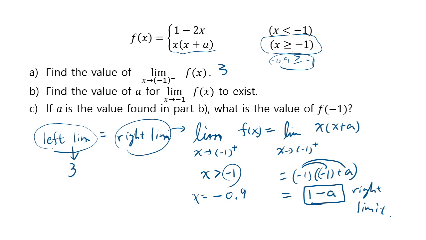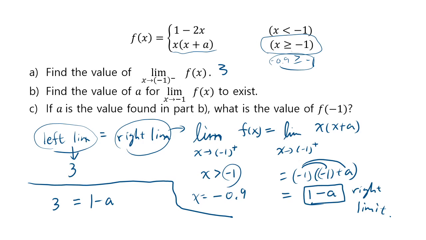Now you might be a little nervous because the final answer has an a in there, but that's fine. And now we write down our condition. The condition for the limit to exist is that the left limit, which is 3, and the right limit, which is 1 minus a, have to be equal.